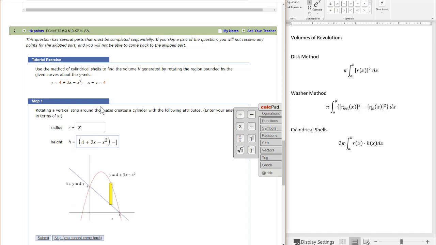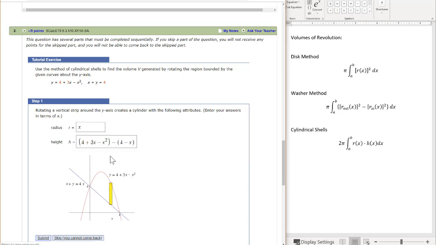And the low is x plus y is equal to 4. We want the y value of this in terms of x. So y is equal to 4 minus x. So we're going to say 4 minus x.